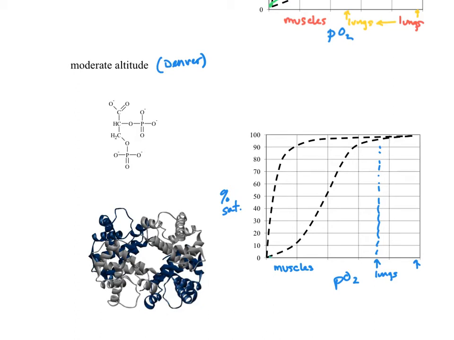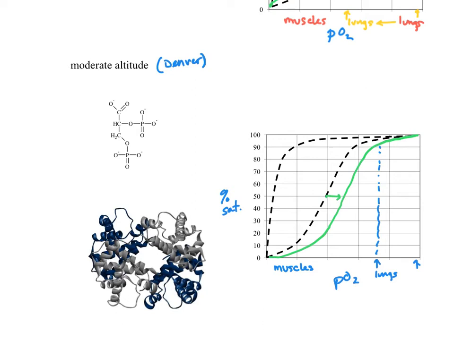And what happens is we actually do the opposite. You shift to the right. And what that means is it's shifting towards the tense state more than at low altitude. So how does that happen? Well, that's coming later.